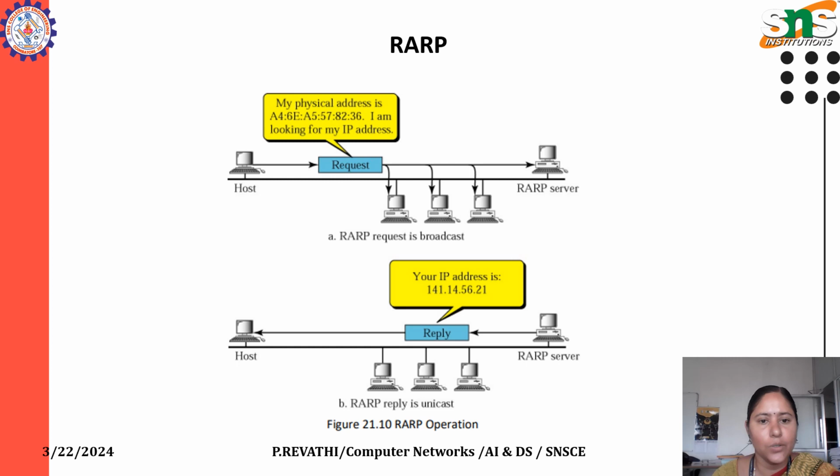Another machine on the local network that knows all the IP addresses will respond with a RARP reply. The requesting machine must be running a RARP client program. The responding machine must be running a RARP server program.